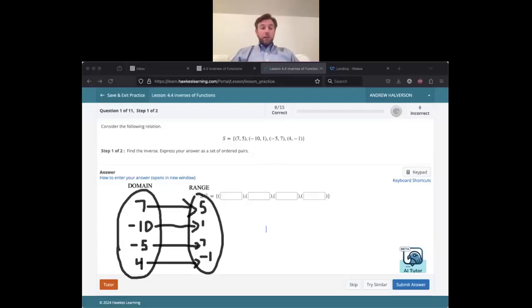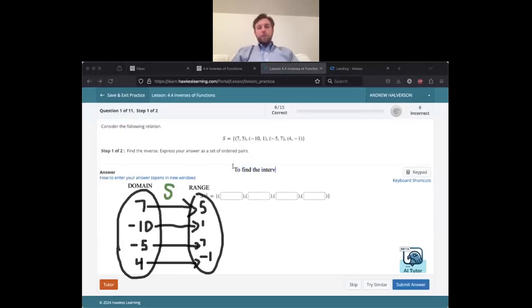We're going to call this function the S function. Okay? So the question now is how do we find the inverse? And here it is.